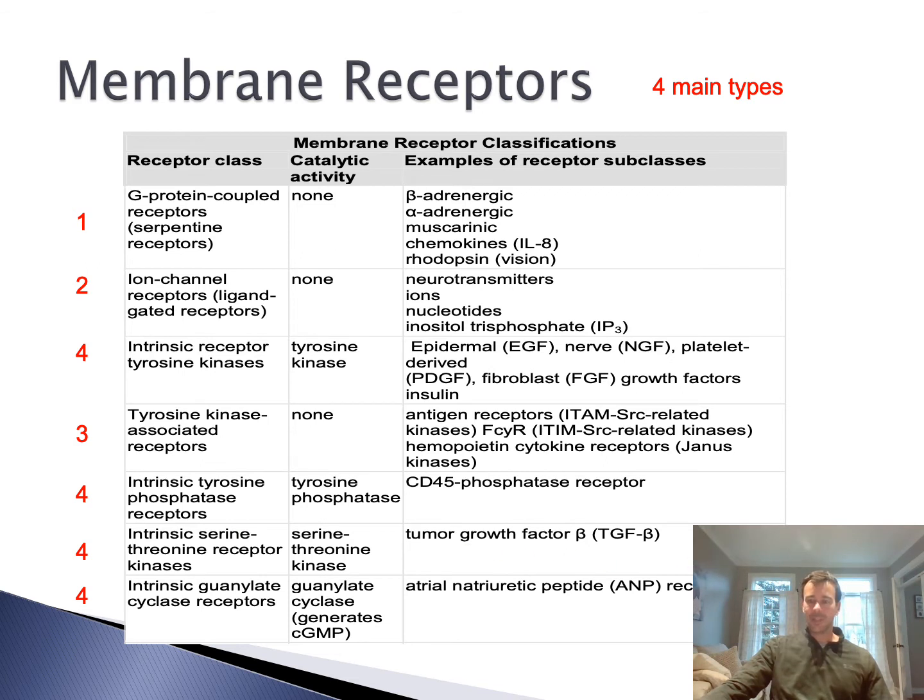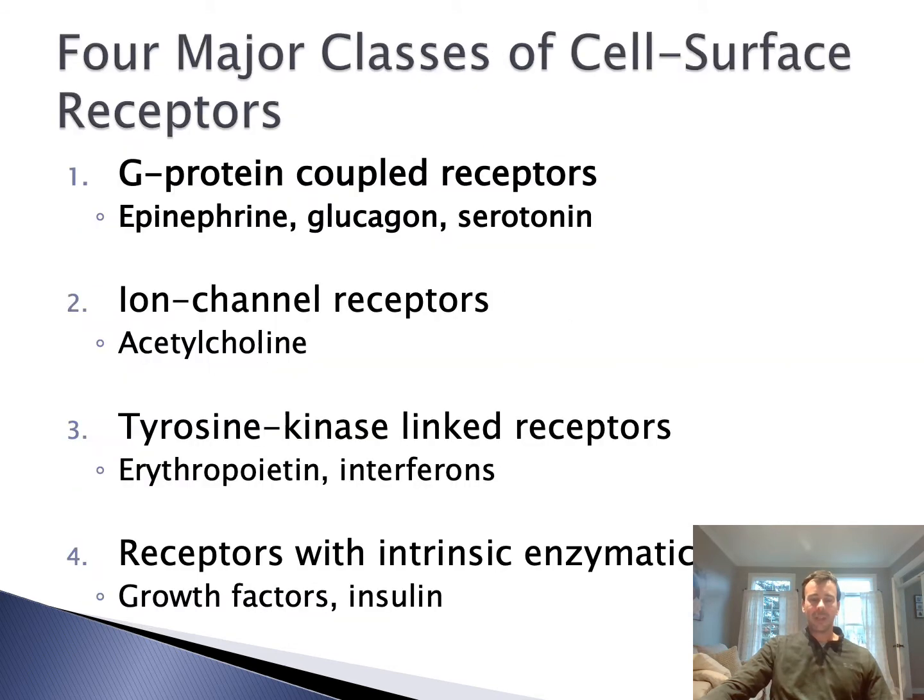I'll bring this up a level here in a minute and show you what I'm talking about. So again, these four major types are the G-coupled receptors, the ion channel receptors, tyrosine kinase linked receptors, and then receptors with intrinsic enzymatic activity.